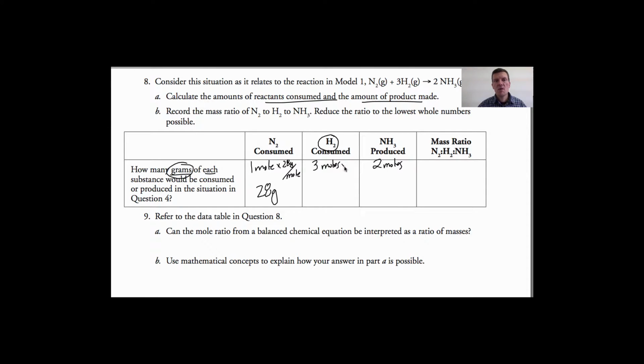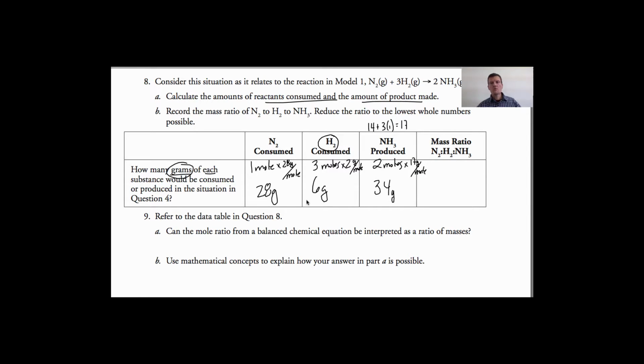So I multiply this by 2 grams per mole, and I'm going to end up getting 6 grams is the mass of 3 moles of H2. 2 moles of NH3, well, NH3, 1 N is 14, and then 3 H's, 3 times 1, that's going to give me 17. So I have to multiply this by 17 grams per mole. That's going to give me 34.